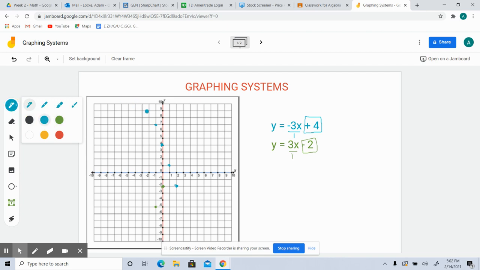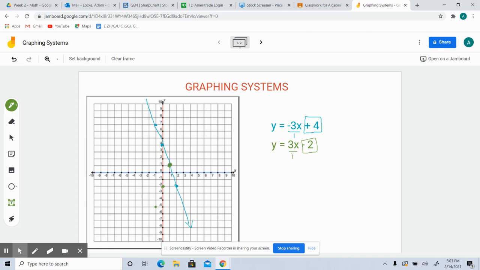Let me draw my blue line out here so you get a basic idea of where they may intersect. Notice if I have a green line going in this direction, they're going to intersect somewhere over in here. So that's why I don't go down 3, down 1. It's a waste of time. I'm going to go up 3/1 because that's my slope.